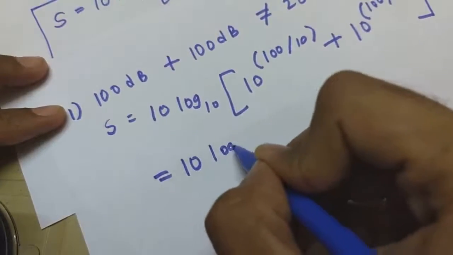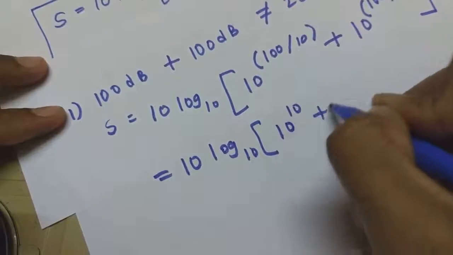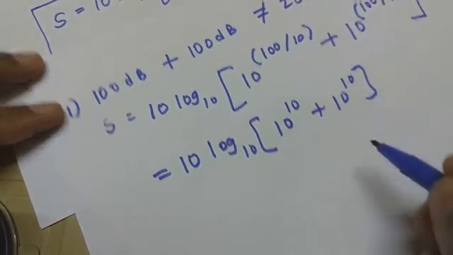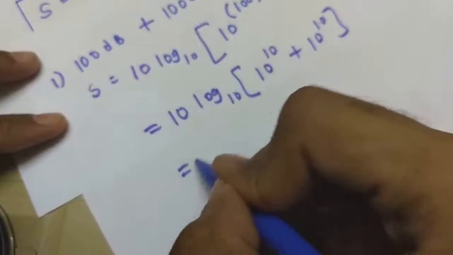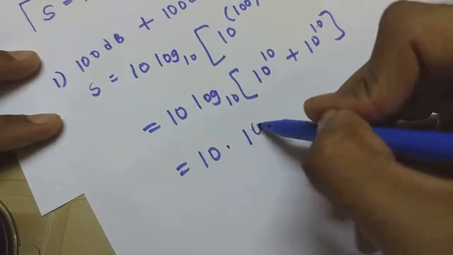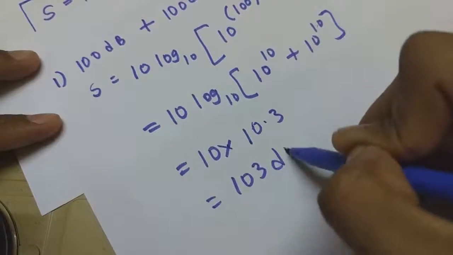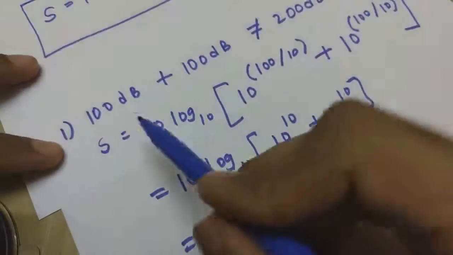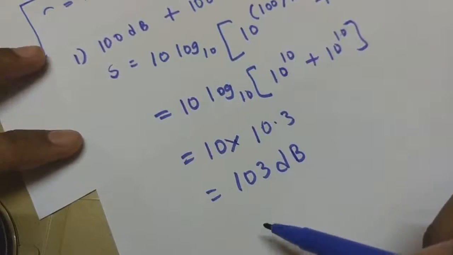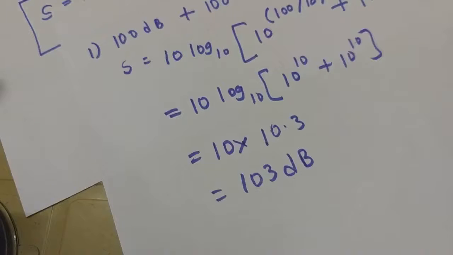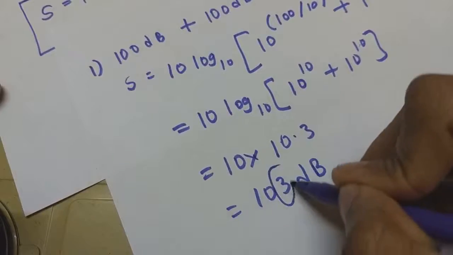You write this down: this is 10 power 10, and this is another 10 power 10. If you take the logarithm of this sum, you will get something like 10 times 10.3. So the final value is 103 decibel. You observe that 100 plus 100 is not 200, but in logarithmic addition it turns out to be 103 decibel. So any doubling of source is going to result in a 3 dB increase.